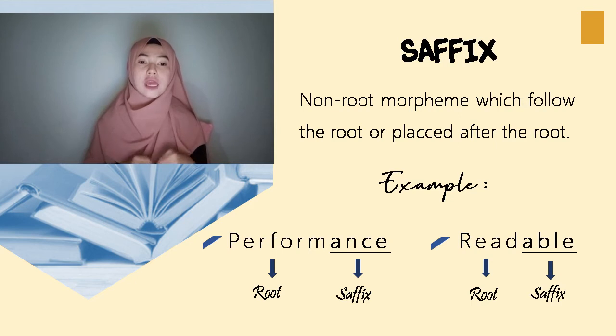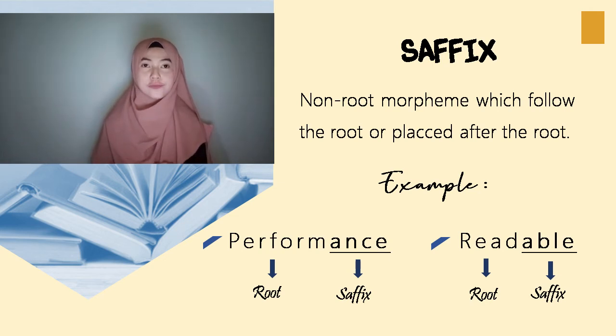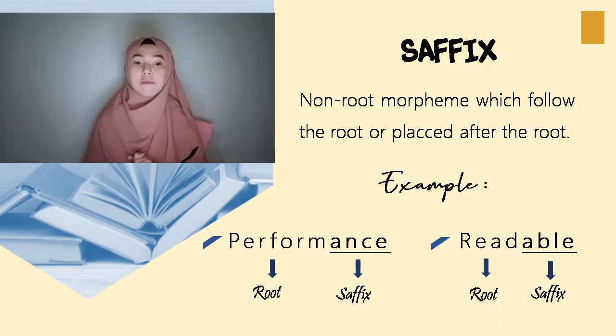Next, suffix. A suffix is a non-root morpheme which follows the root or is placed after the root. In linguistics, a suffix is an affix which is placed after the stem or root of a word. For example, performance.